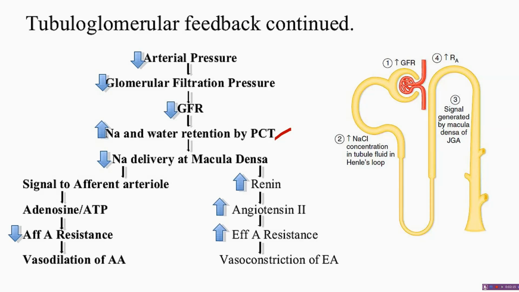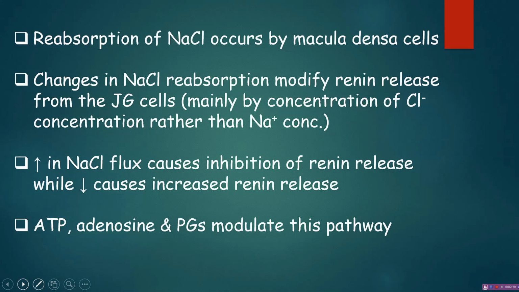In the afferent arteriole, adenosine and ATP are vasodilators that cause the afferent arteriolar resistance to decrease. While in the efferent arteriole, renin increases, which causes the production of angiotensin, a powerful vasoconstrictor that increases the efferent arteriolar resistance. And this leads to the autoregulation.